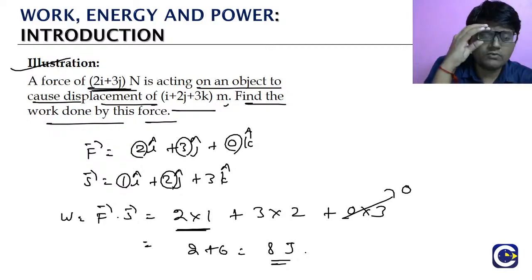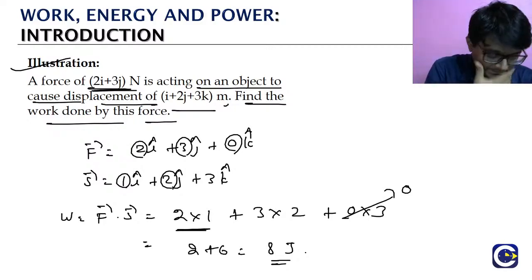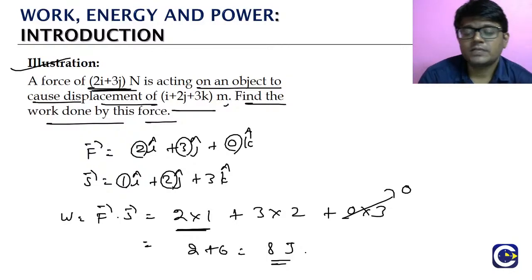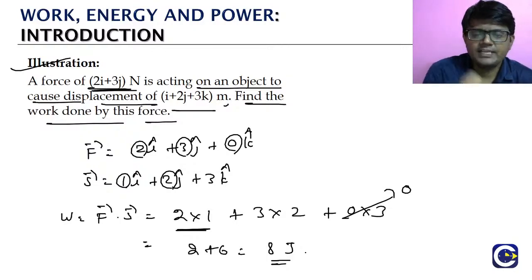See, when you have questions where we need to find the work done because of a constant force, they will be pretty straightforward. And obviously at JEE Advanced level, we will never expect questions on this particular area, because this is very fundamental or basic. But sometimes in JEE Mains we may get some questions that are not exactly related to the work, but somehow related to the applications of vectors.